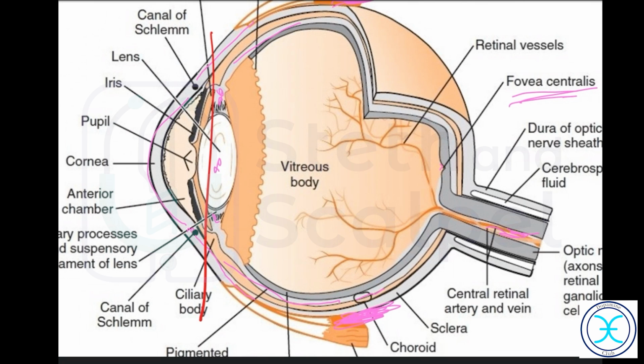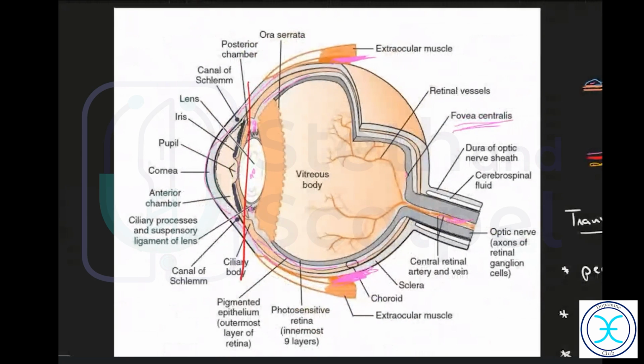From the outside, the conjunctiva and then the cornea, all of those start developing and they all fuse together. Most of the development of the eye is finished by the time we are born, and the eye is about 70% the size of an adult eye at birth. Your eye fully develops by the age of 8. So these are a few points about embryology which I wanted to touch upon.